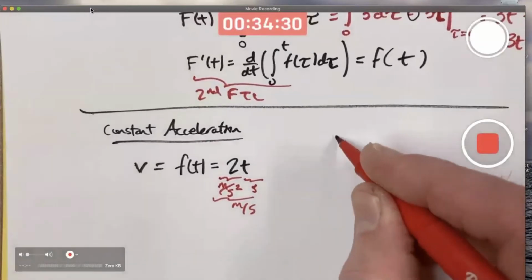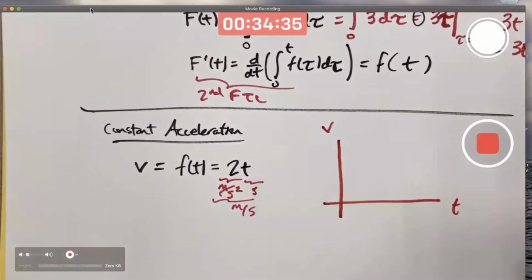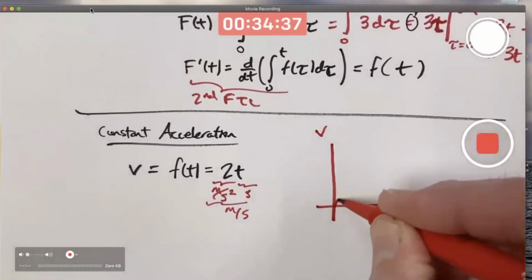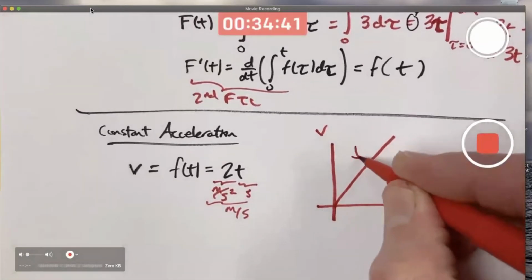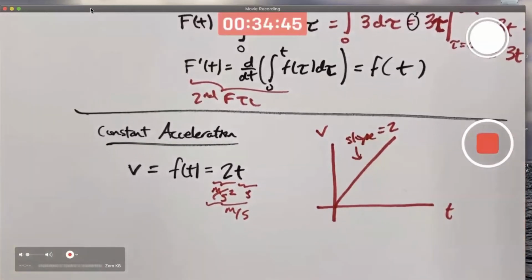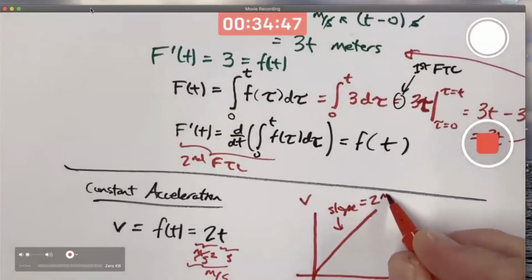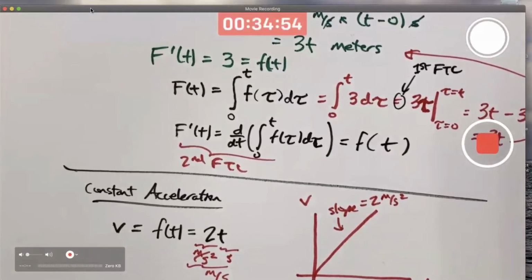What does the graph look like now of the speed versus time? It's a straight line with a positive slope. And its units would be meters per second squared. By the way, in the previous example, I could have graphed capital F as well.